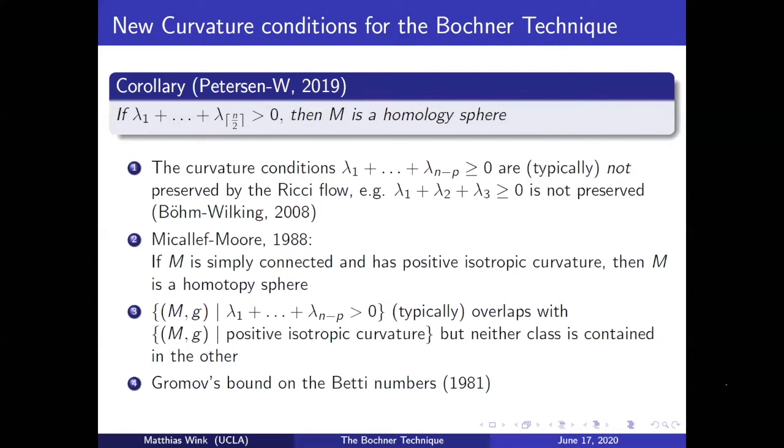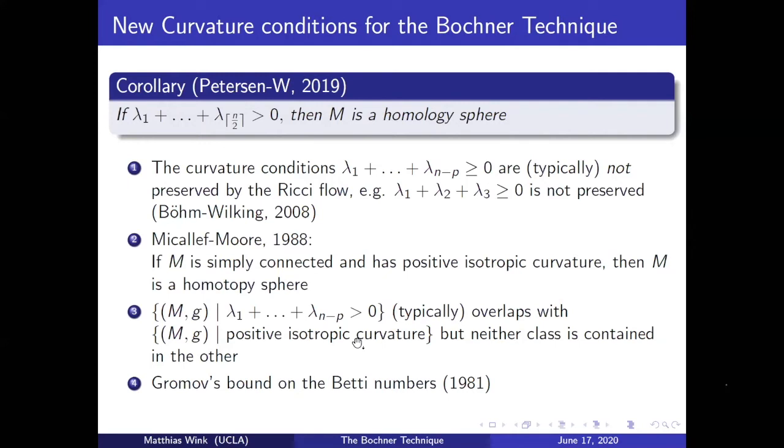Namely, the two classes overlap, but neither class is contained in the other. One can, for example, look at warped product metrics on spheres and produce metrics that satisfy the condition for the eigenvalues, but which don't have positive isotropic curvature. Great. So we really have a different curvature condition. The Ricci flow results, Micallef and Moore's theorem, and the theorem that we're discussing, they all describe different curvature conditions.